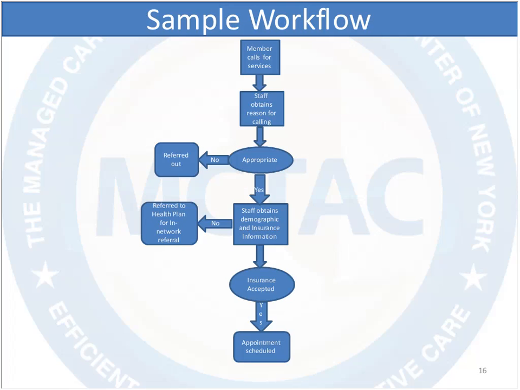If it's not, they would make referrals out. If it is an appropriate referral, staff will continue with the process, meaning obtaining additional information like demographic and insurance. If it's an insurance, for example, that the agency doesn't take, one option is to refer the individual back to the health plan to get another referral. If the insurance is acceptable, then the appointment is scheduled.